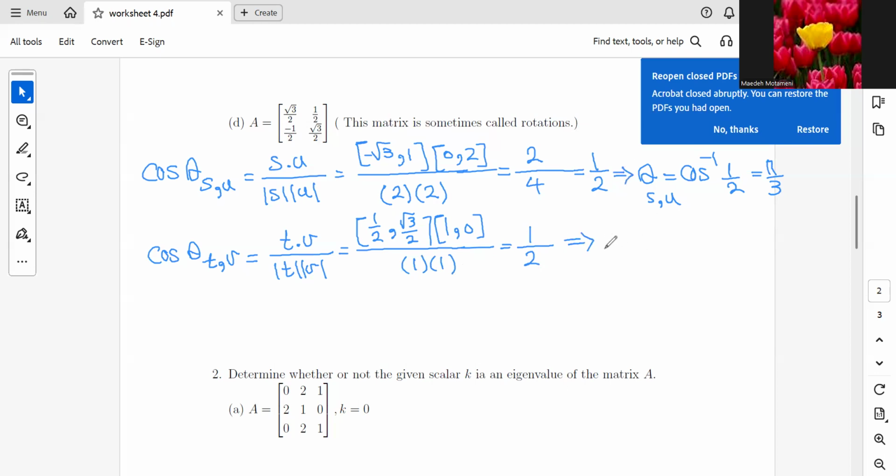So that would be theta here, which is cosine inverse of 1 over 2, and this one will be pi over 3 as well. So we see that both new vectors have the same magnitude as their original vectors, but they are rotated counterclockwise by pi over 3 or 60 degrees.